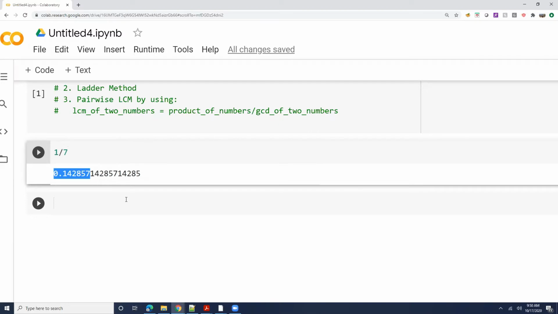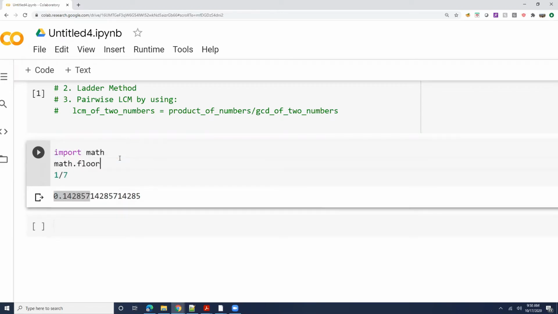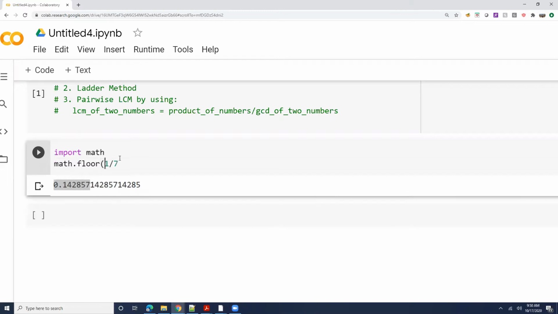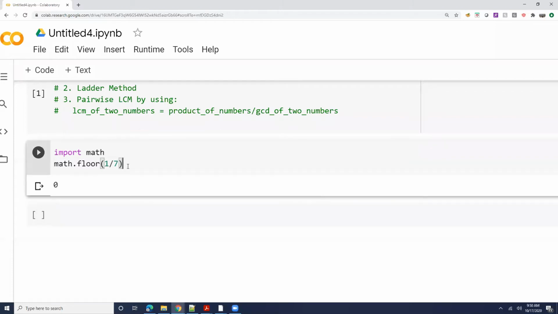Floor, what does floor do? So if I do floor of this, what does it do? So I get 0, right? So floor, ceil, not so useful.